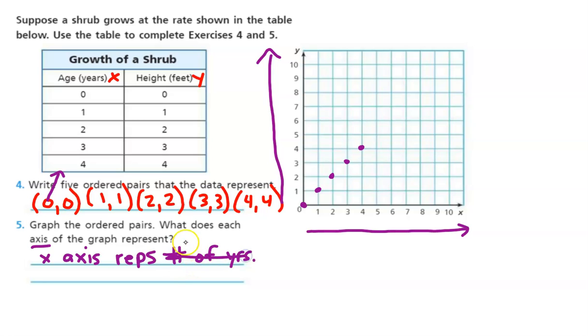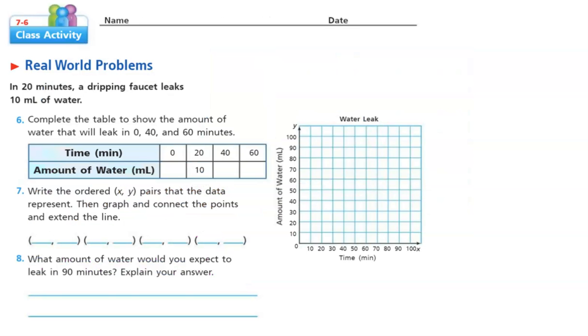Represents the age. And then the y-axis is going to represent the other one, which happens to be the height. So this tells us 1 year, 1 foot, 2 years, 2 feet, 3 years, 3 feet, 4 years, 4 feet, and so on.